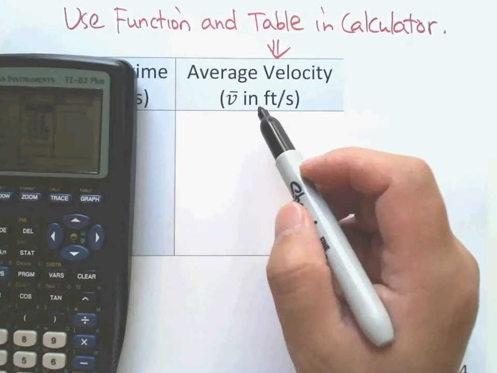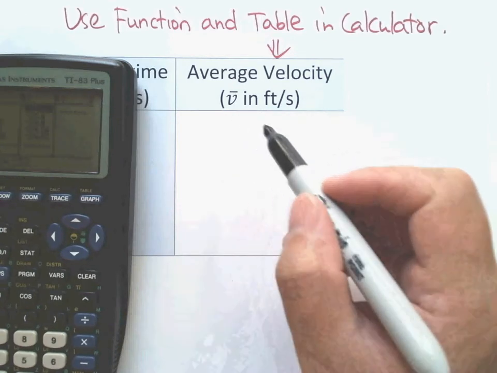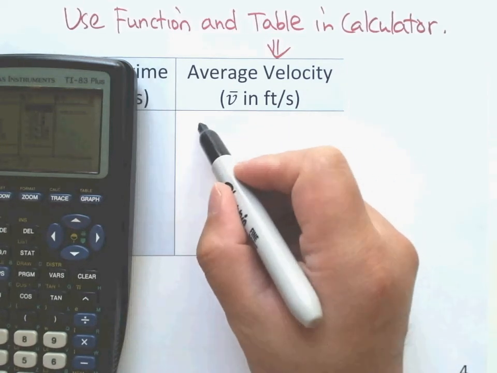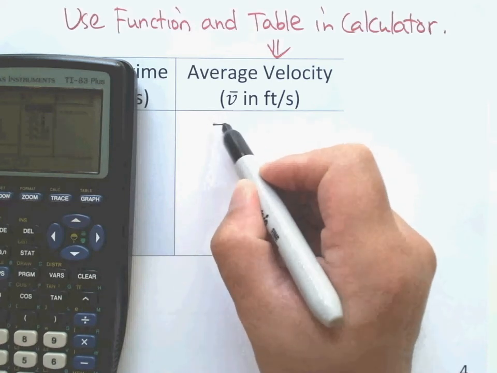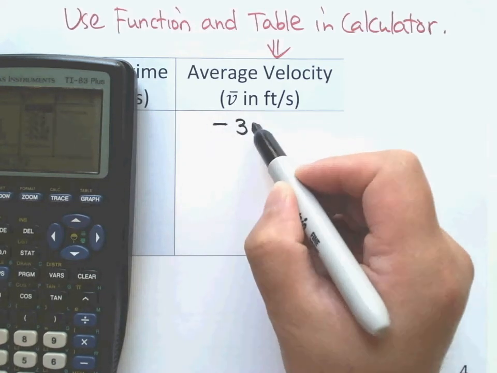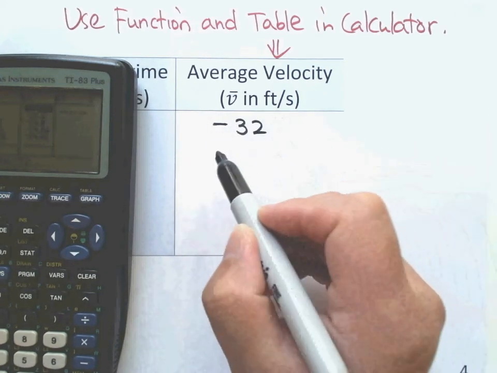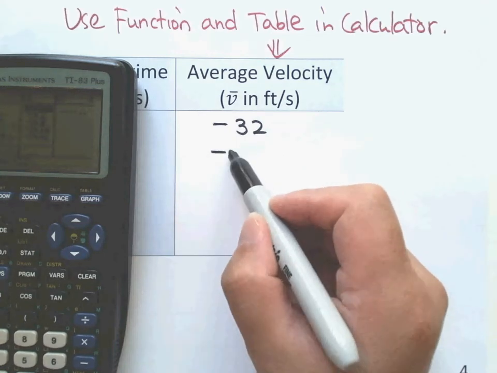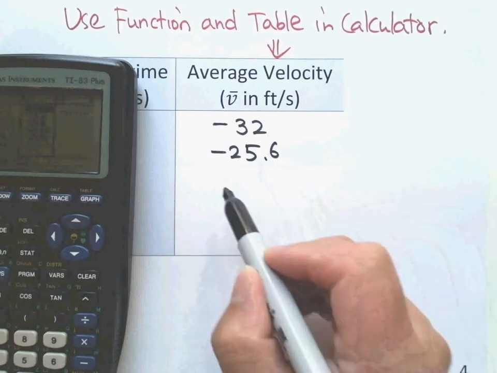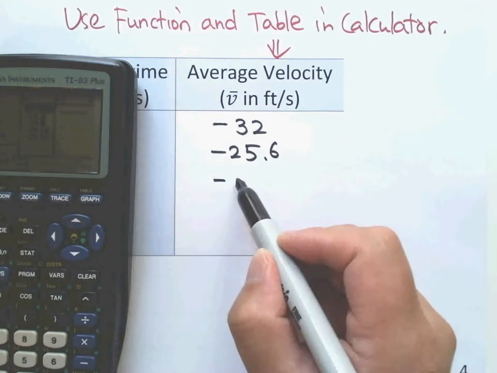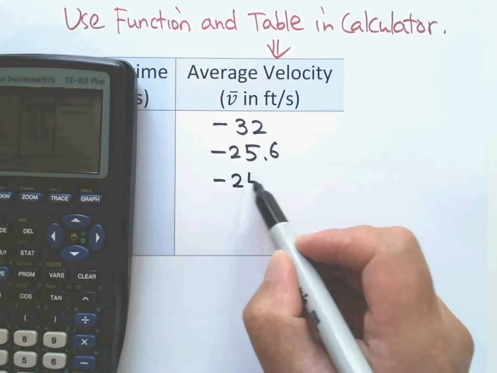All the values here are negative. The first is negative 32. The second is negative 25.6.